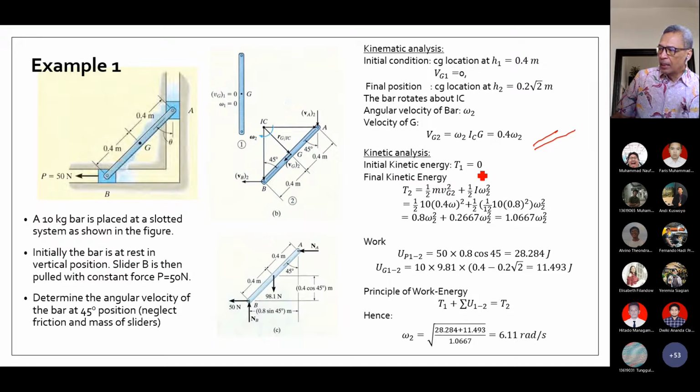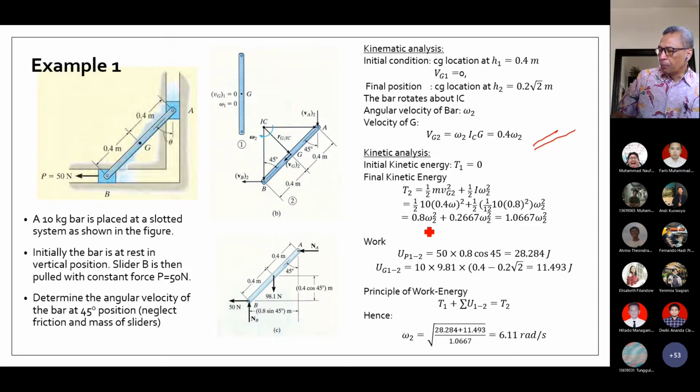Initial kinetic energy is 0. Final kinetic energy is half m Vg square plus half I omega square. You know the relation between Vg and omega is 0.4 omega. This is just omega. Sorry, there is no 2 here.